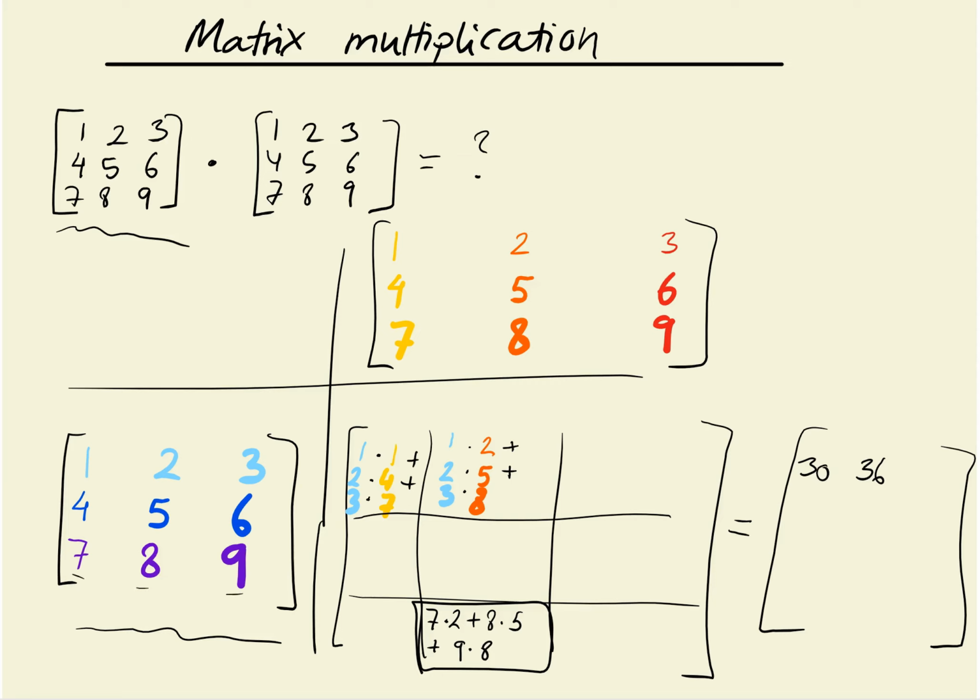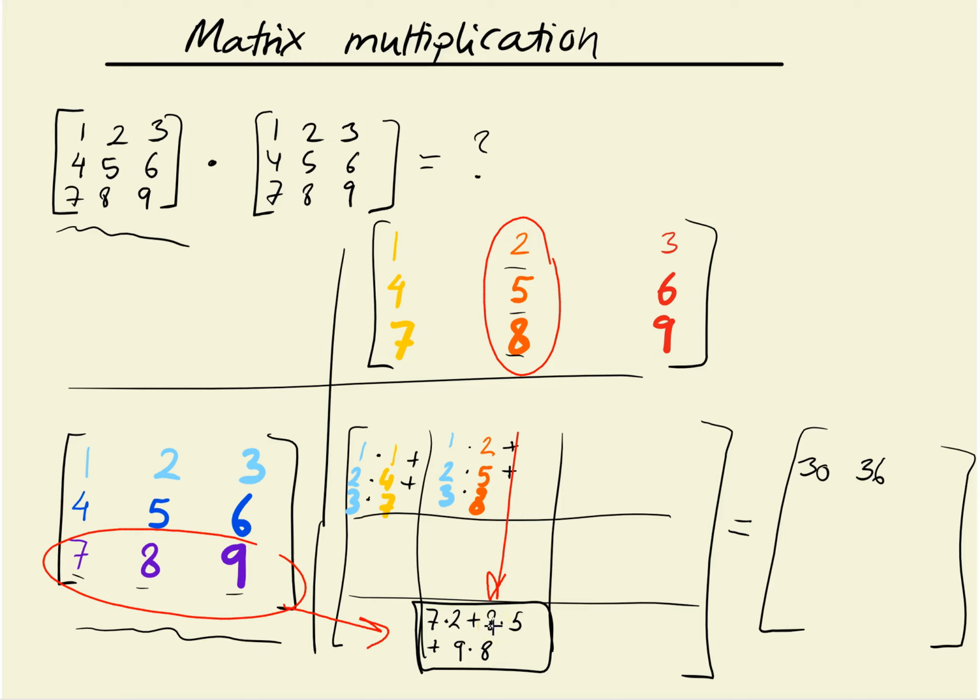These are the numbers involved: 7 times 2, 8 times 5, and 9 times 8. I hope it's becoming clear to you that there's a pattern here.